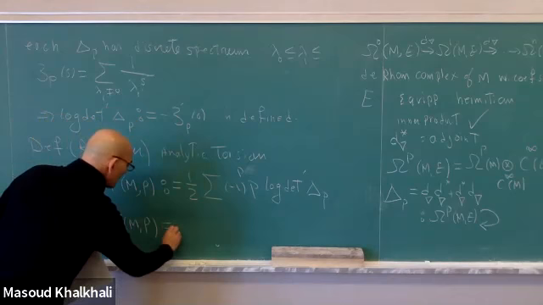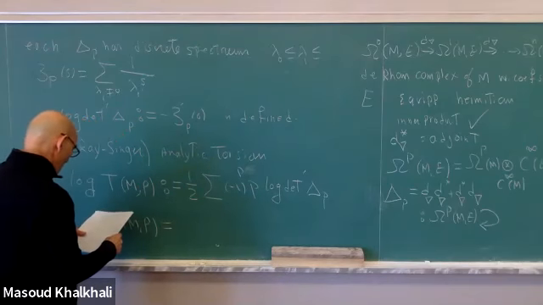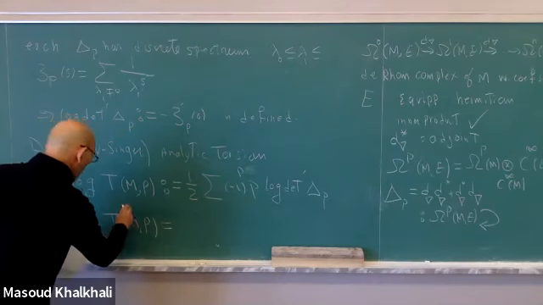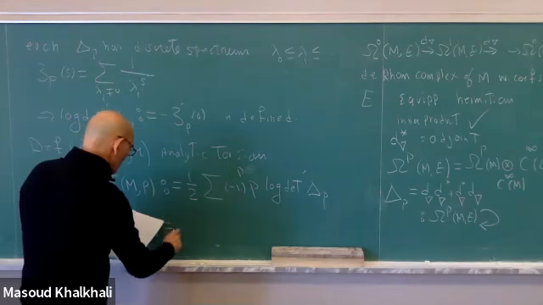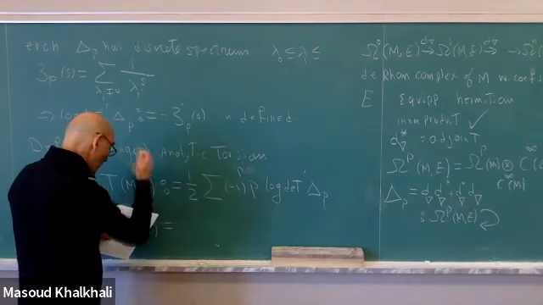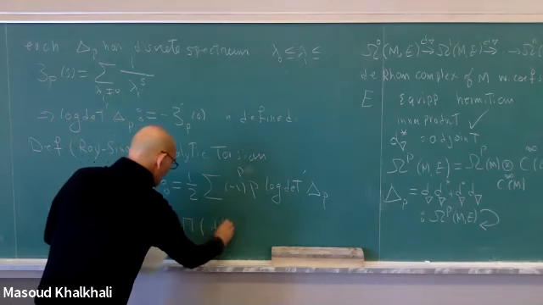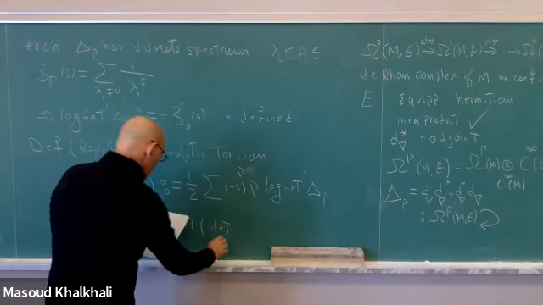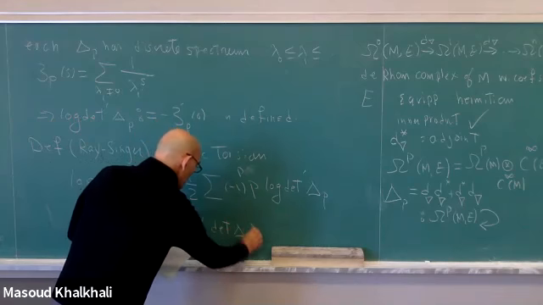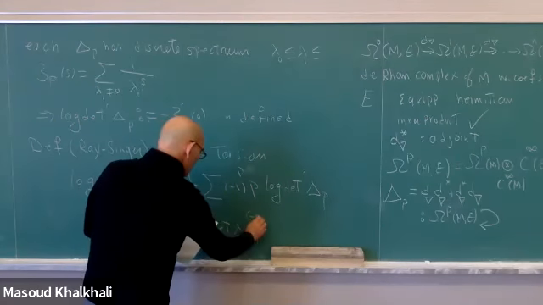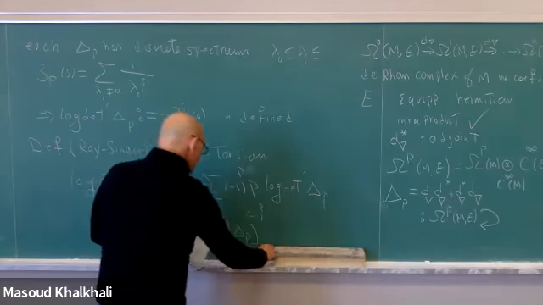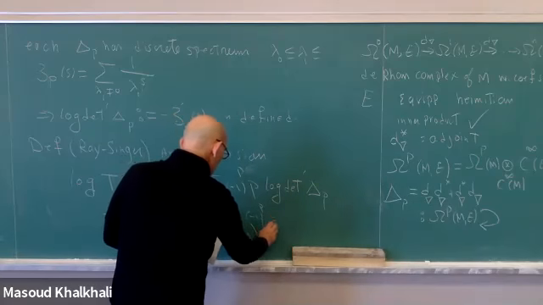So its square is really equal to a product of determinants of Laplacians, like this, determinant of delta p to the power of minus 1 to the p, p.